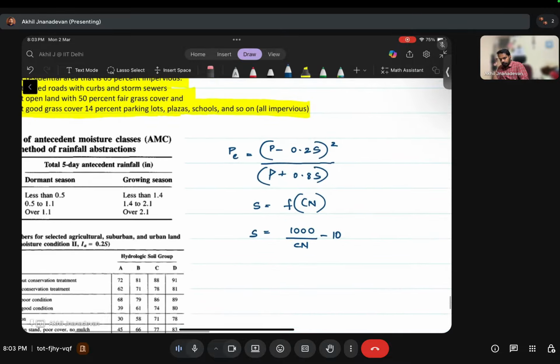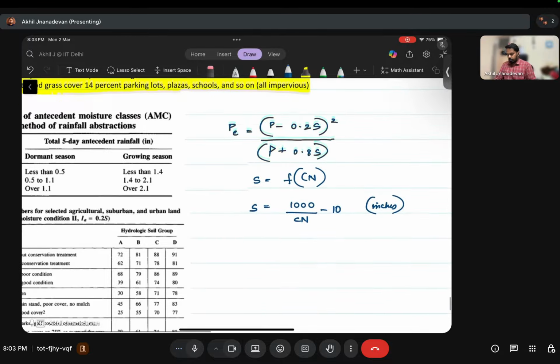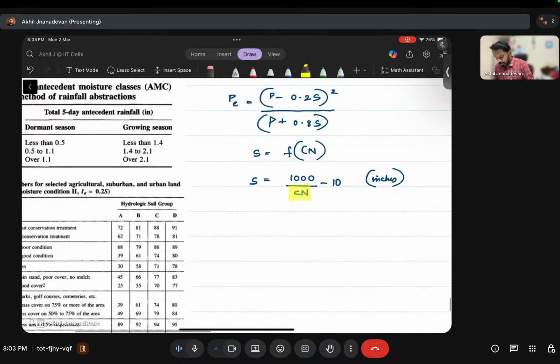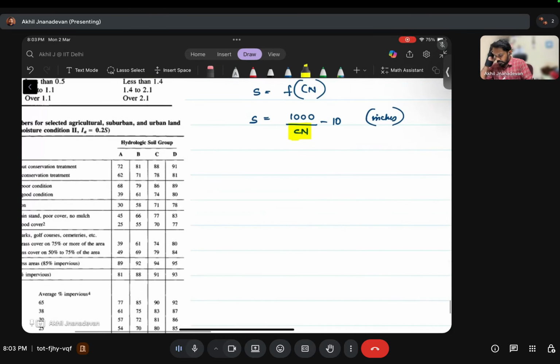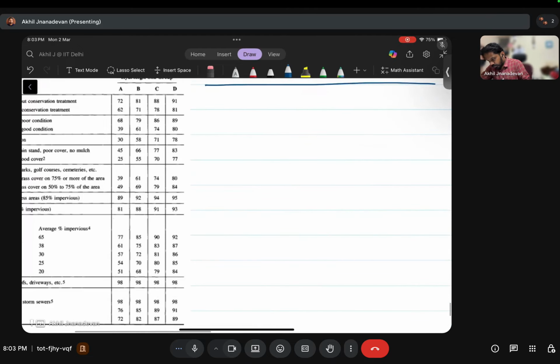So we need to find what the curve number is for this particular location. Here we can make a table. The table will have land use, and we can write the hydrological soil group.